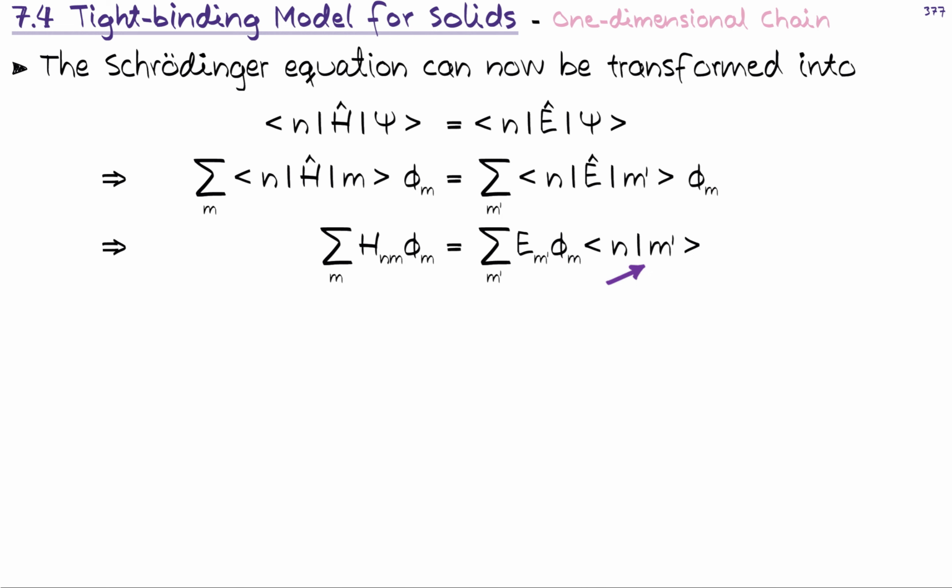And now we can make use of the orthogonality condition. We know that this will be non-zero only when m prime equals n. Then we can simplify this outcome so that it's only giving us an energy of E_n times the phi of n. So this is where we are using this orthogonality condition.